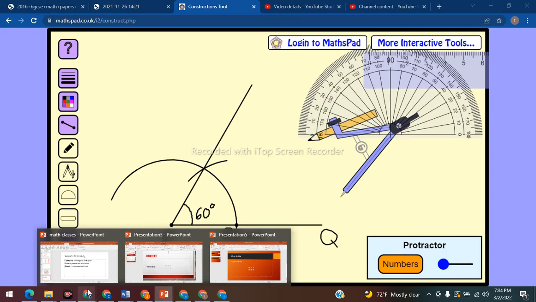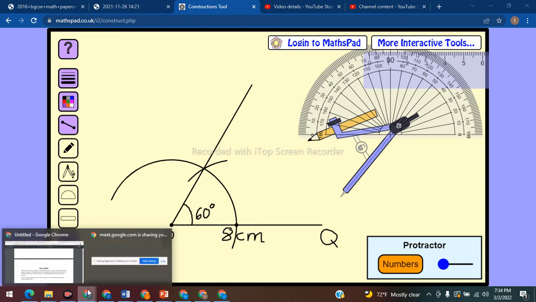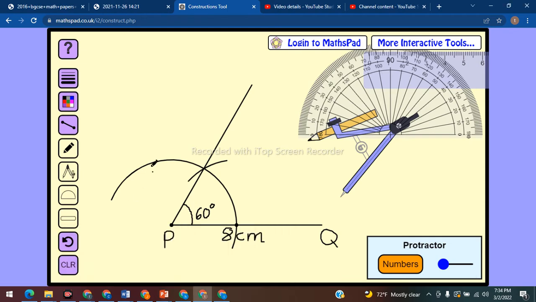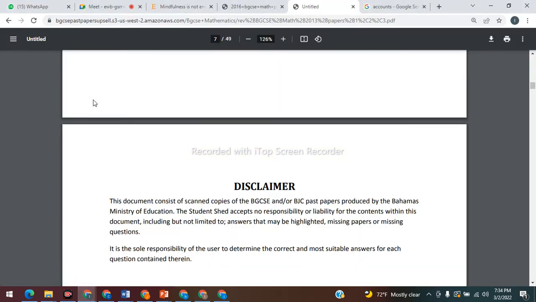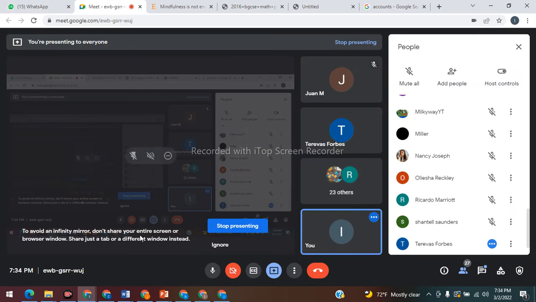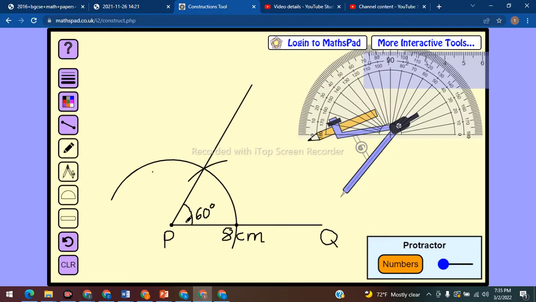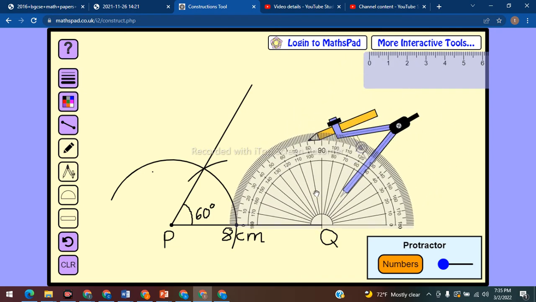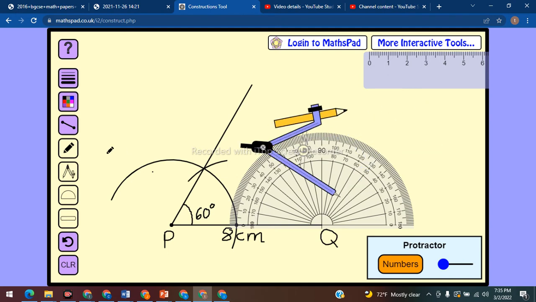Okay, next up. All right, so the next thing that they want us to do is go to Q and draw 40 degrees. So when we go to Q, we move this protractor and we move this ruler.